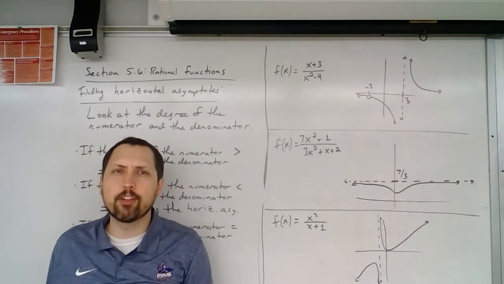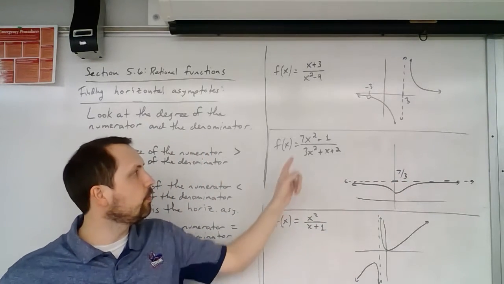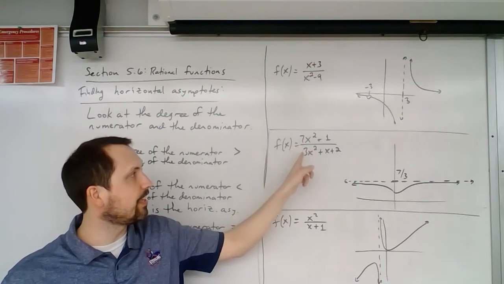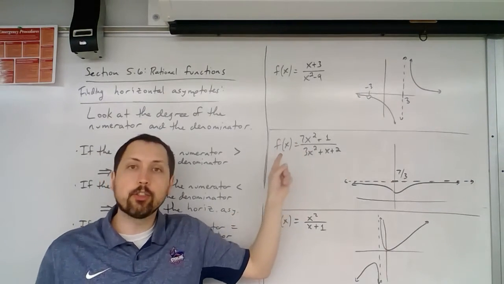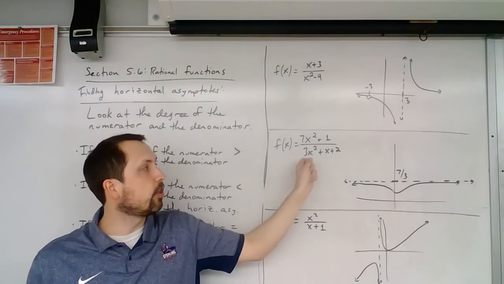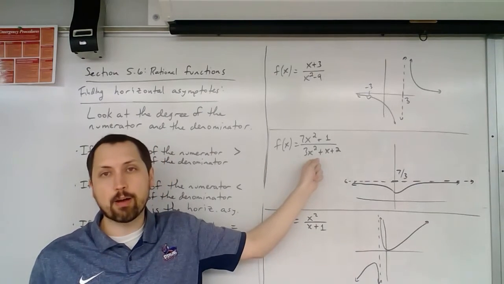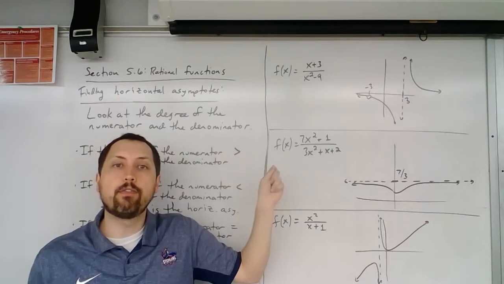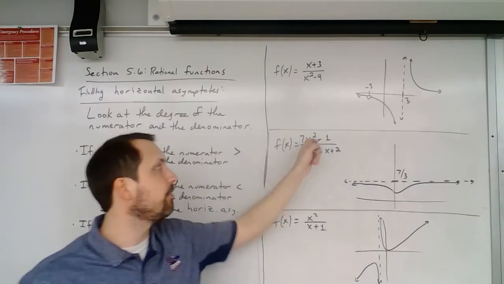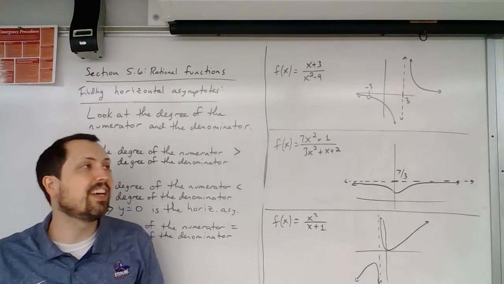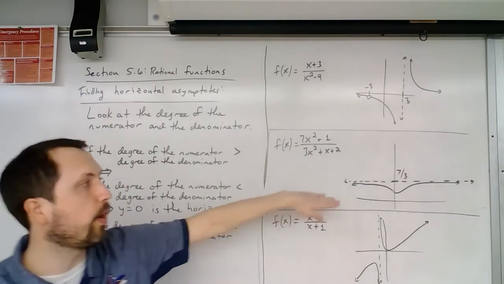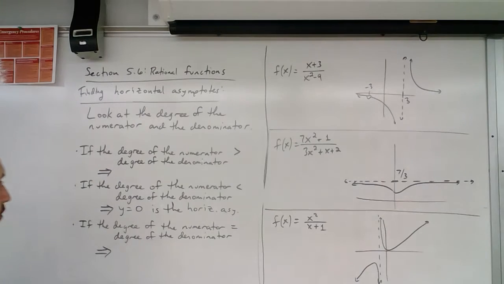Now, why does 7/3 appear? Well, if you look at this example, we have a 7 and a 3 appear. So these had special names. For a polynomial, the coefficient in front of the highest power of x, we call that the leading coefficient. So when the powers are the same, we look at the leading coefficients to tell us what the equation is of our horizontal asymptote.